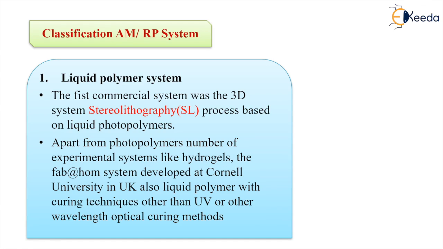Apart from the photopolymers, a number of experimental systems like hydrogel, the Fab@Home system developed at Cornell University, are also liquid polymer, but with a different curing technique other than UV or other wavelength optical curing methods.